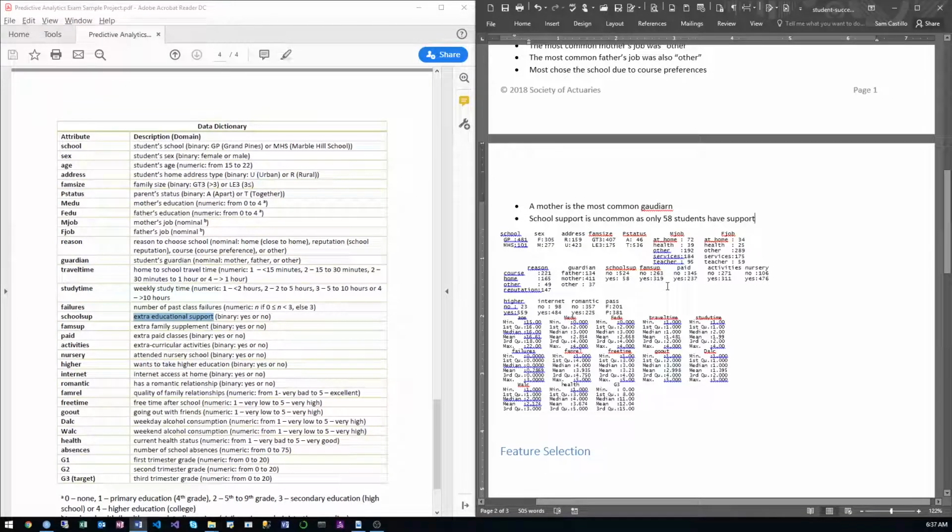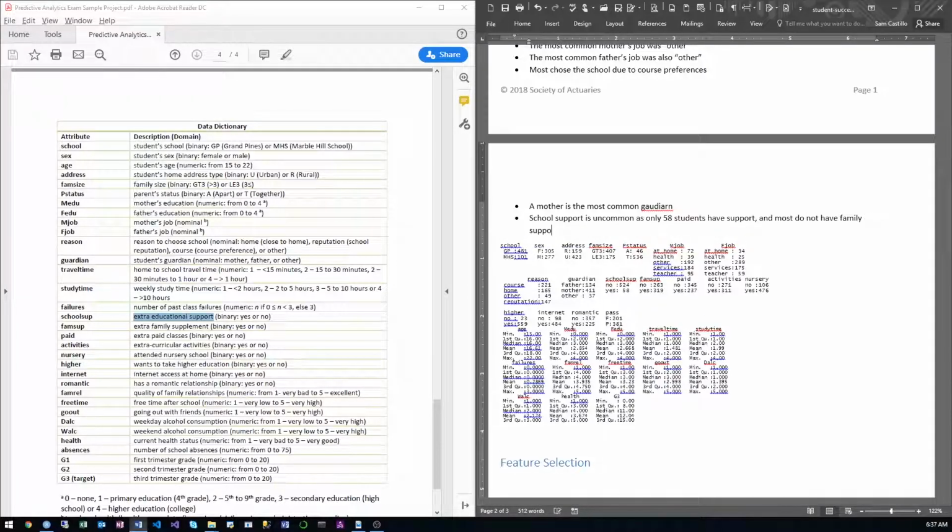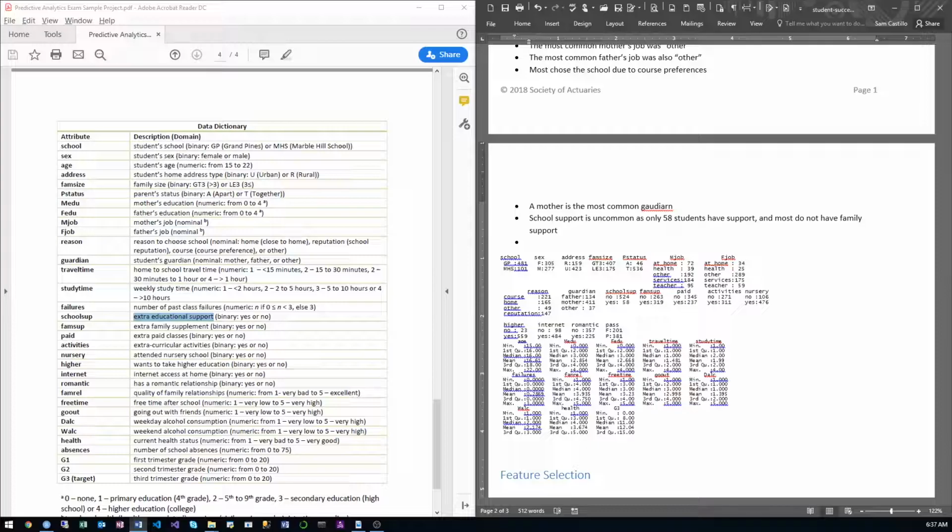Family support. Most. Paid. What is paid? Paid is extra paid classes.